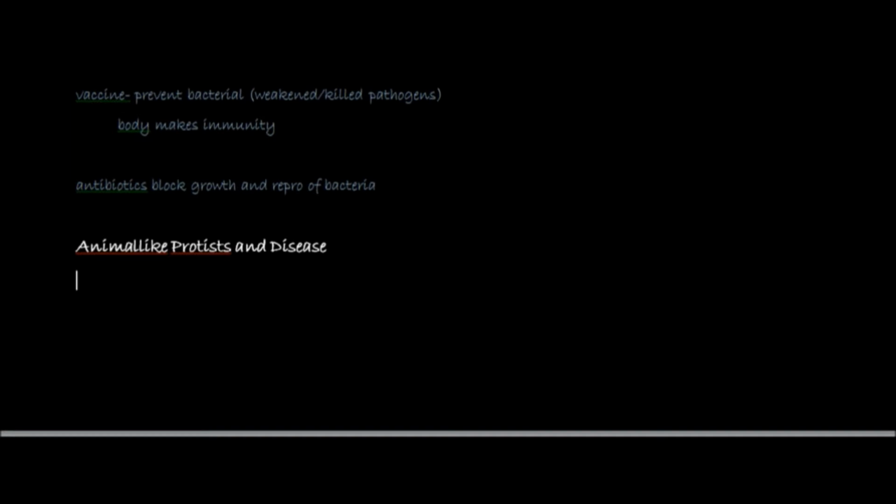Protists can also cause disease, and the most famous one, arguably, is malaria. Malaria is caused by Plasmodium, and that's carried by mosquitoes, female mosquitoes to be more specific. Also, the spores in the saliva enter the blood and multiply.